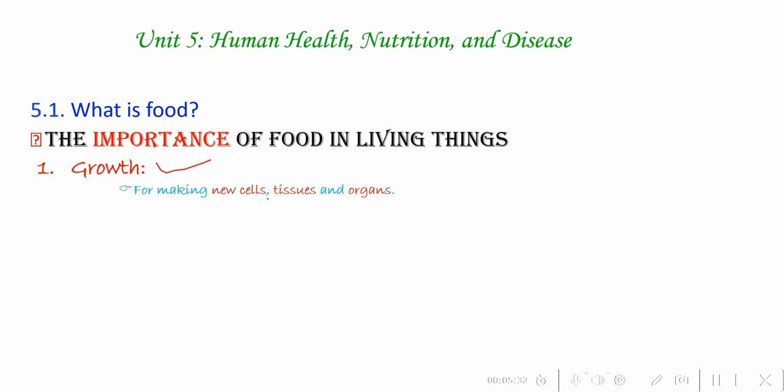So the third importance of food in living things is that it is essential for replacement of what? Damaged tissues. In one way or another, our body may be hurt or wounded, so our body may be damaged.